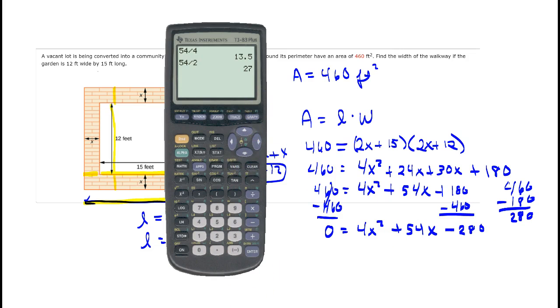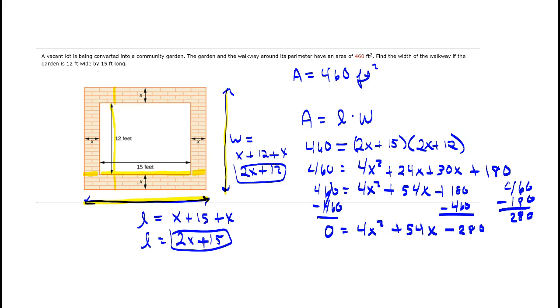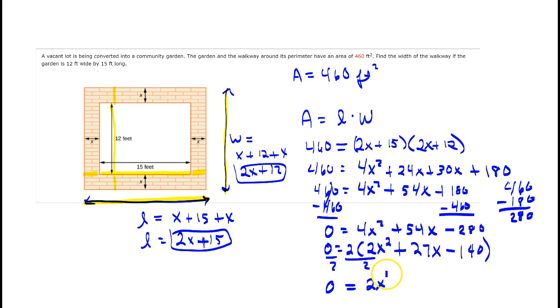I'm going to factor out a 2. That leaves me with 2x squared plus 27x minus 140. I just factored out a 2 to make these numbers a little smaller. So that was 0 equals 2x squared plus 27x minus 140.